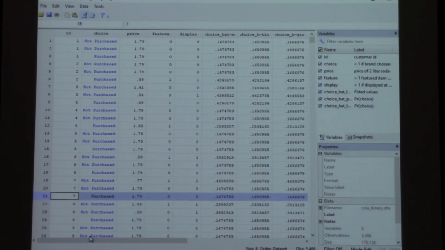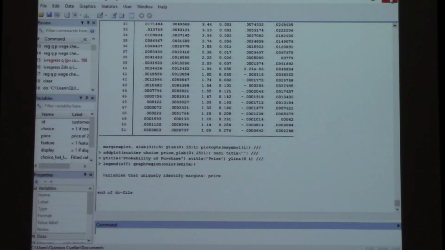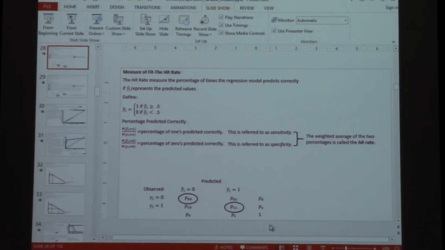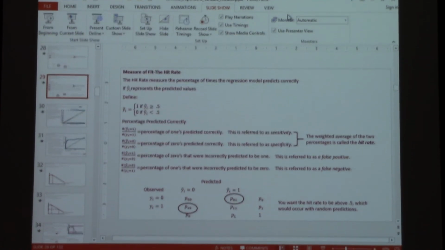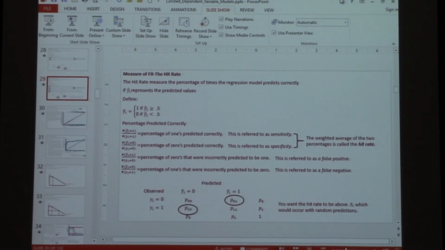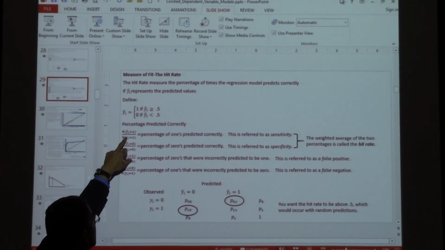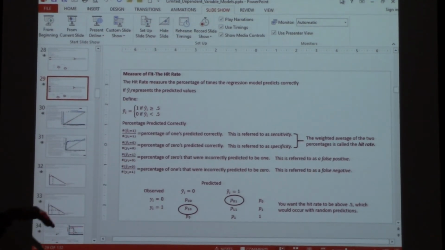So that's what we're doing when we're constructing that table of probabilities. Did we accurately predict based on the actual behavior? The methodology is a pretty simple formula. This is the purchasers that were accurately predicted to purchase.